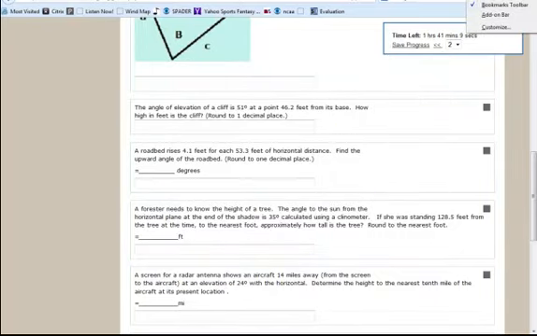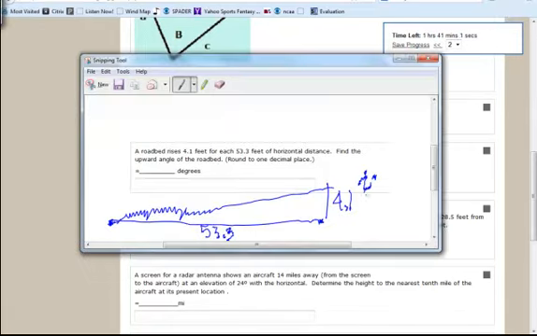My computer is having a hard time keeping track of everything here. Let's try it now. So we have the tangent of our angle is opposite 4.1 over 53.3. And we want it in degrees.